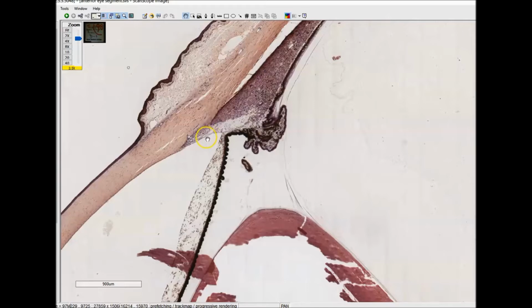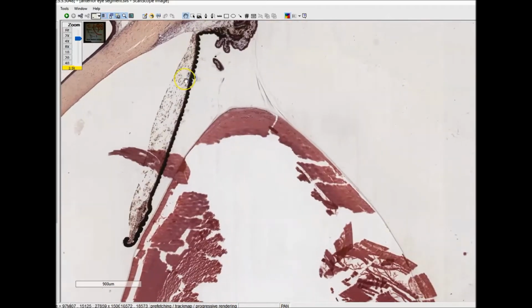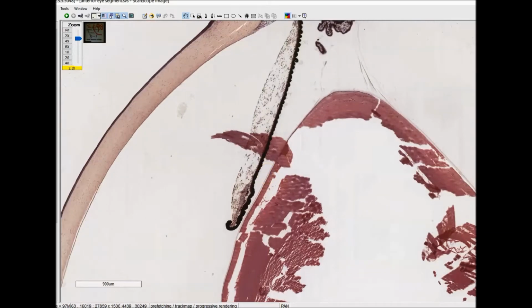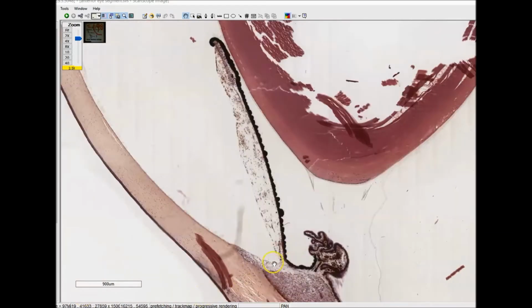So what else can we see here in this area? We can see some of the structures of the iris, and I'm going to jump back to the other side because of this piece of lens specimen that is artifactually sitting on top of this iris here. This one is in better shape.